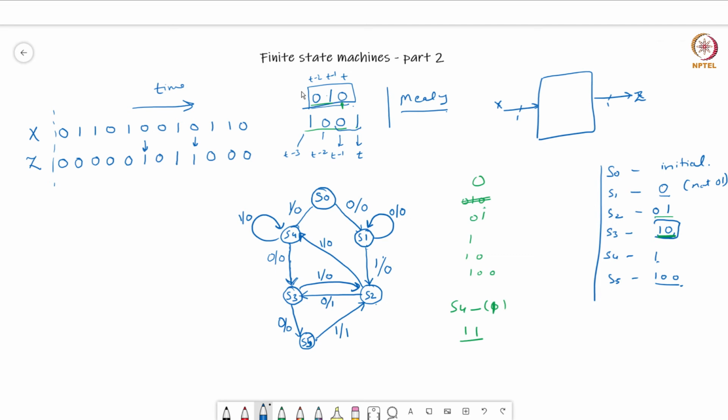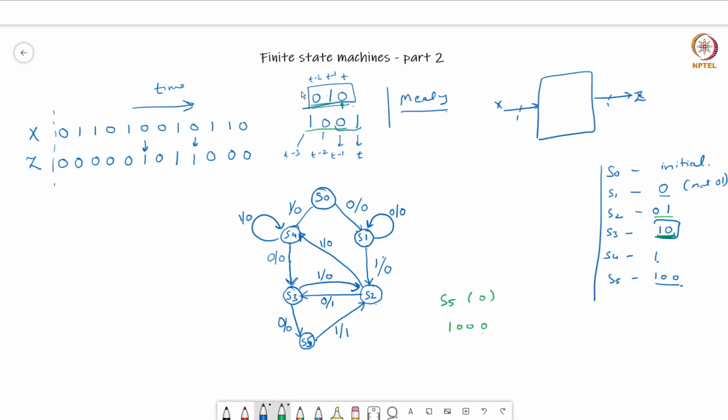Now S5. For S5, if input is 1, we know it is going to be S2, but what would be the next state if the input is 0? So at S5 input is 0. What was my S5? S5 was 1 0 0, and there is another 0.